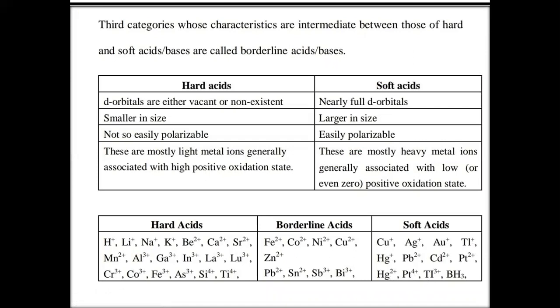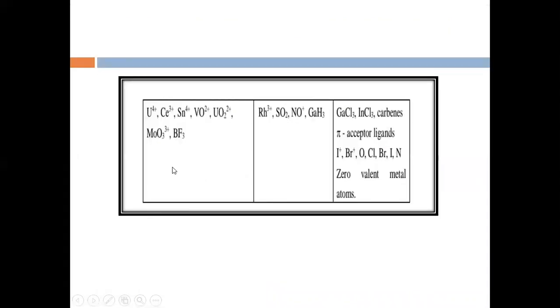Under the hard acids, you still have some more examples: boron hydride, uranium, cerium, tin, vanadium oxide, uranium oxide, molybdenum oxide, boron trifluoride. These are hard acids.